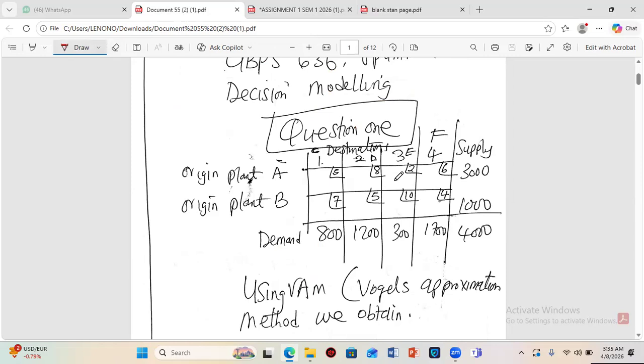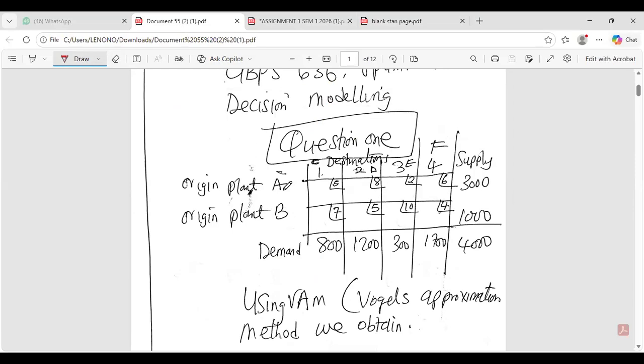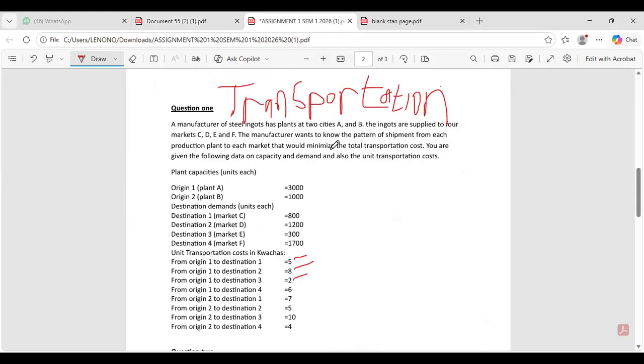So from origin 1, plant A, to the destinations, we have origin 1, destination 1 is 5.